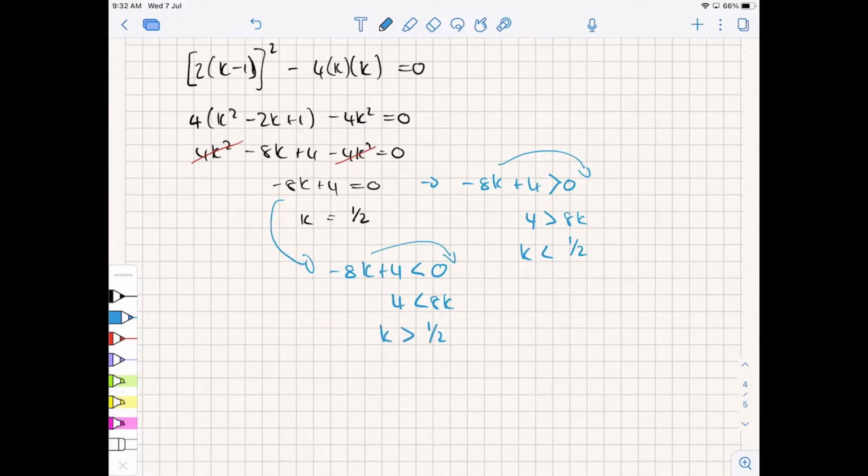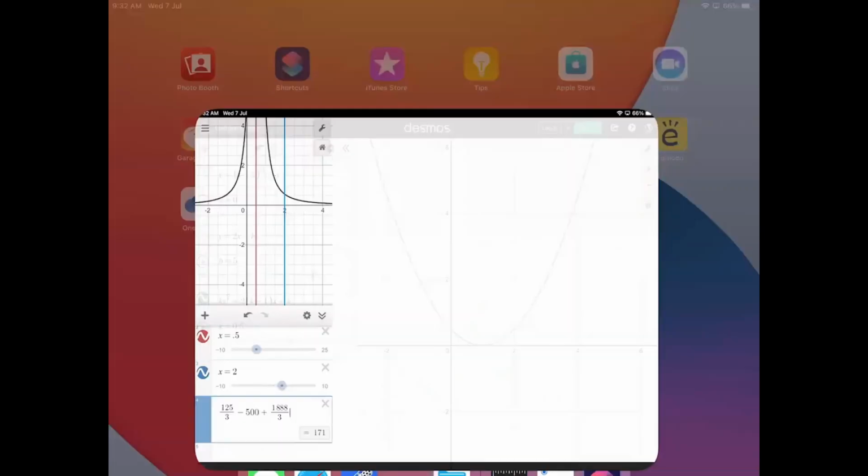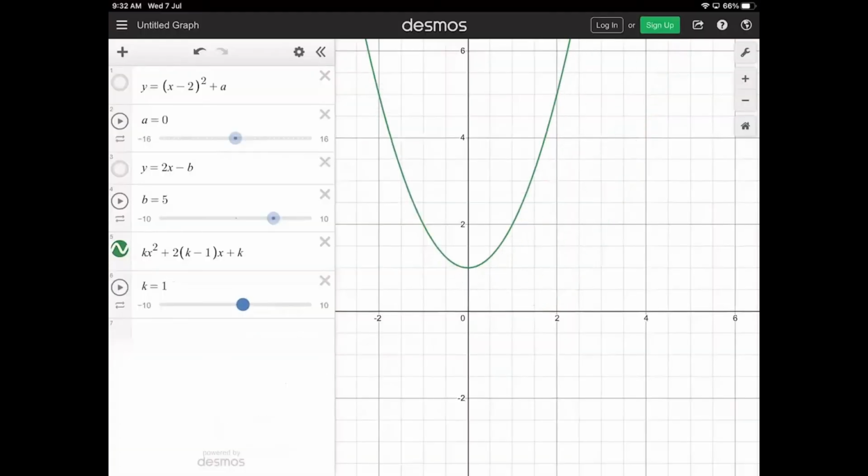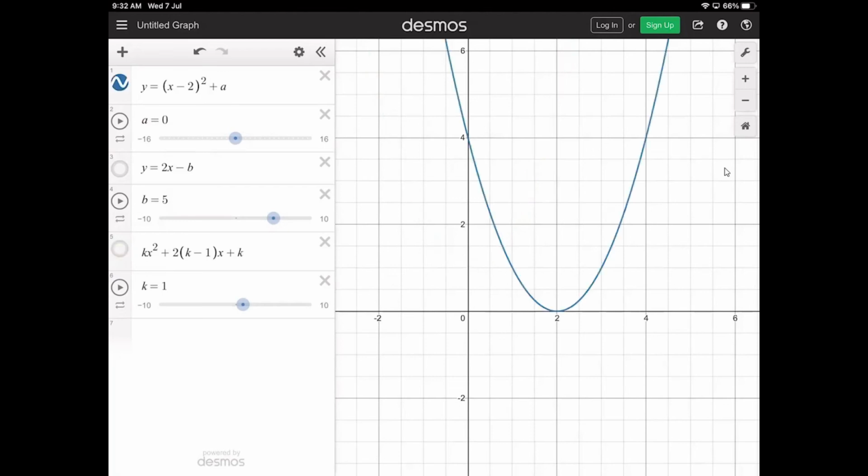And you saw when I made k bigger than a half, we ended up getting no solutions. Everybody happy with that? Yep. Okay, now let's go back to our quadratic here.